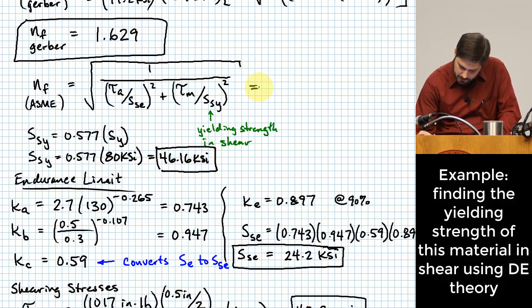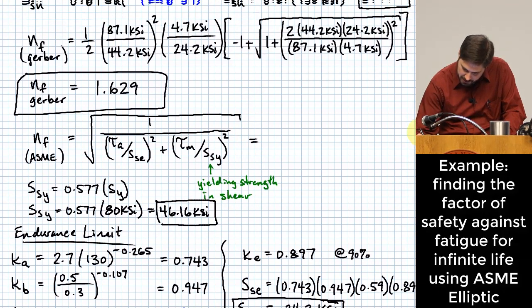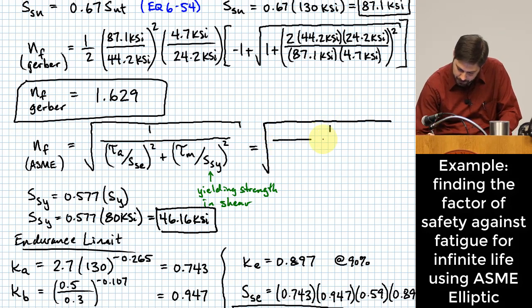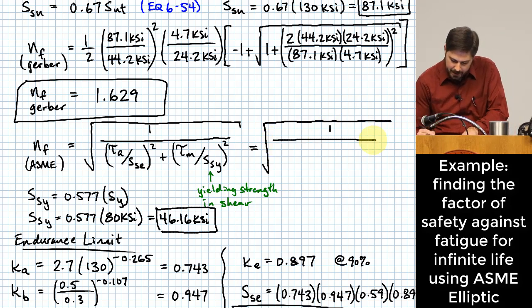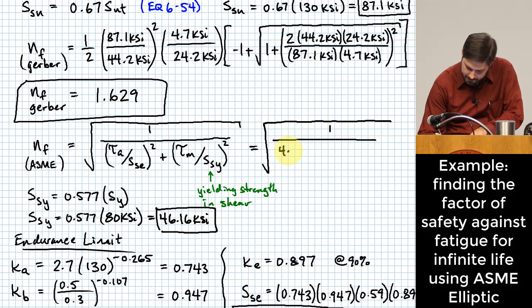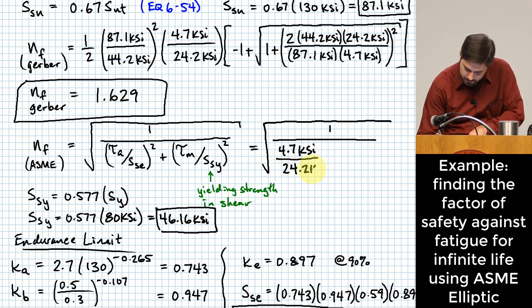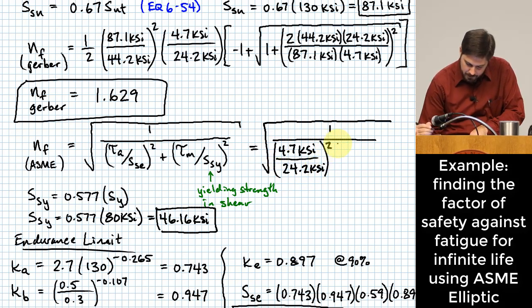Okay, so now I can plug these into this equation with numbers. I have 1 over tau sub A is 4.7 KSI, S sub SE is 24.2 KSI, those are squared.